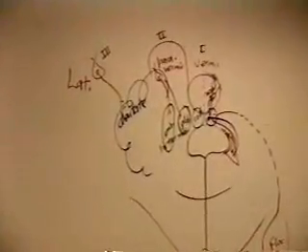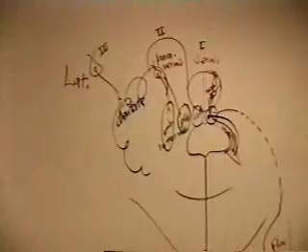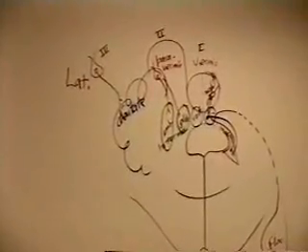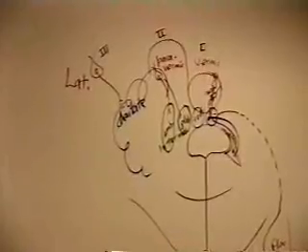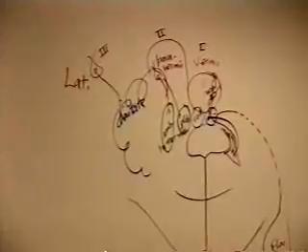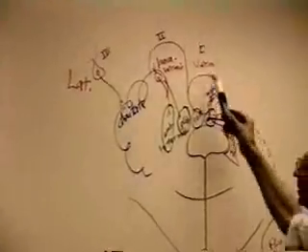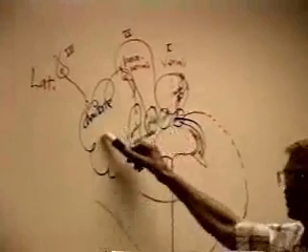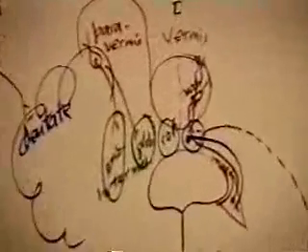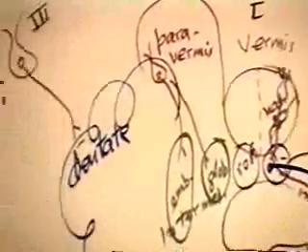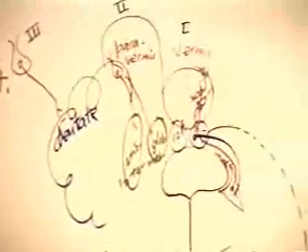On the efferent side, taking the cerebellar cortex as the midpoint, with afferents coming in and efferents going out, here we have the cortico-deep nuclear relationship for stages 1, 2, and 3.